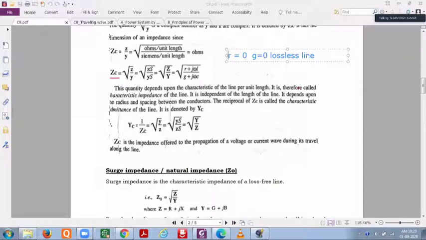What if resistance is 0 and conductance is 0? That is your lossless line. If I consider a lossless line, what about my ZC?